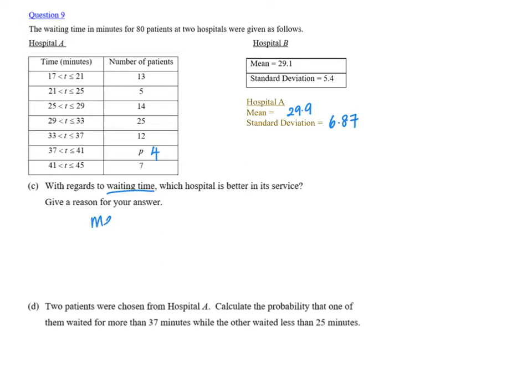So the mean, let's give the evidence. Mean of B is equal to 29.1 minutes, which is actually less than the mean of hospital A with an average of 29.9 minutes.